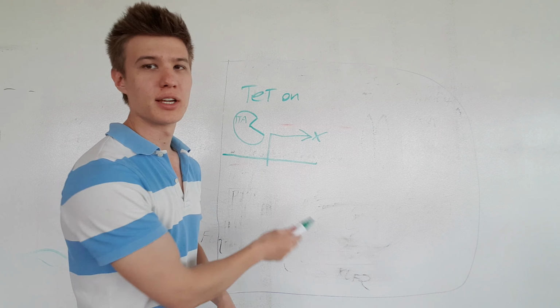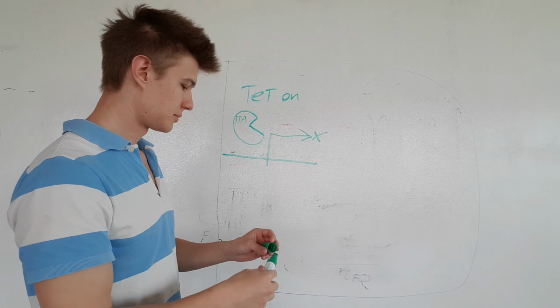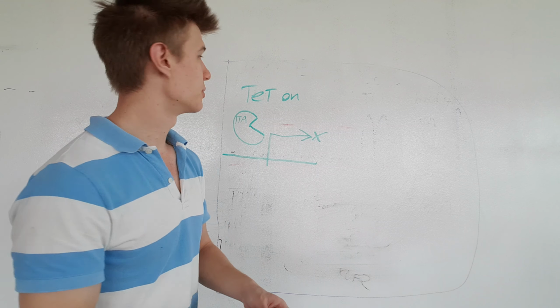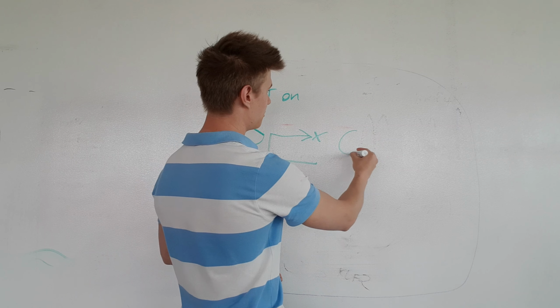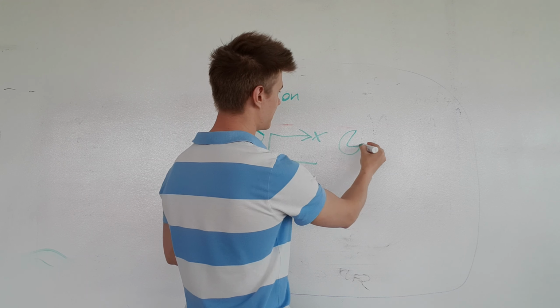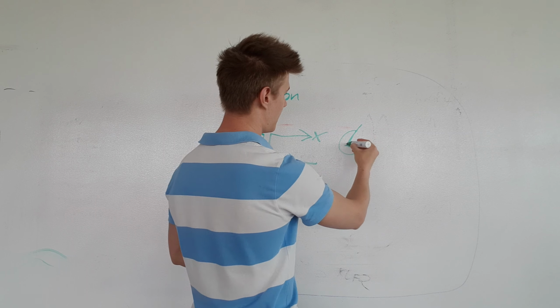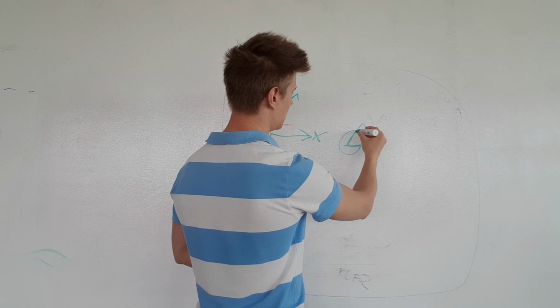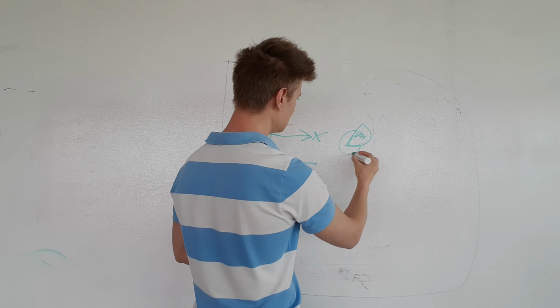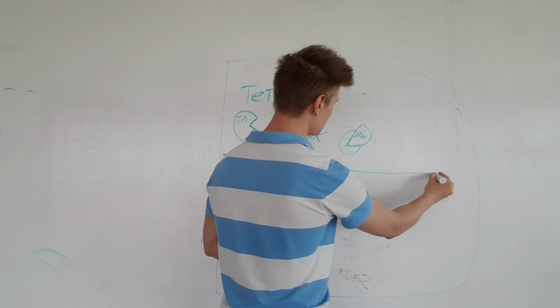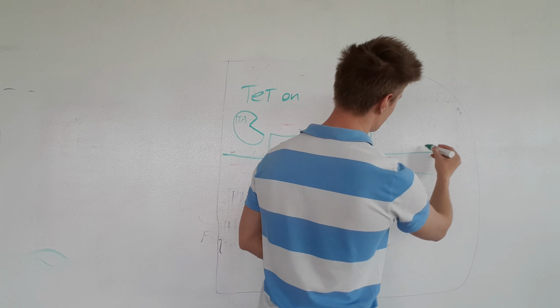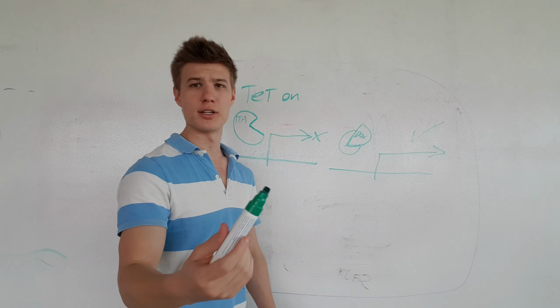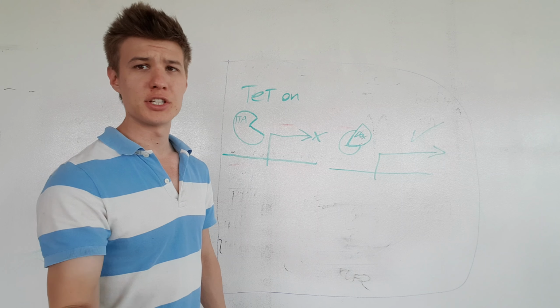In a moment I'll discuss how this part of the genome is created. Our alternative situation is we have our activator, we have our doxycycline, and that permits the transcription of our genes further down the line.